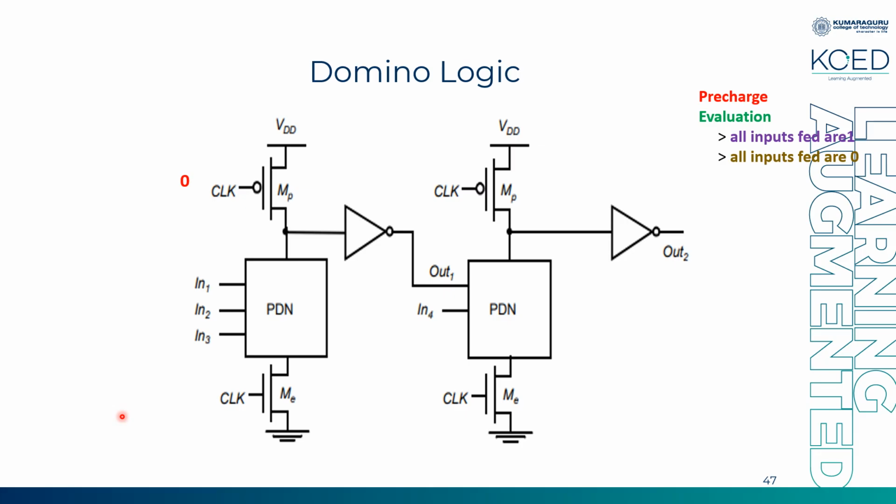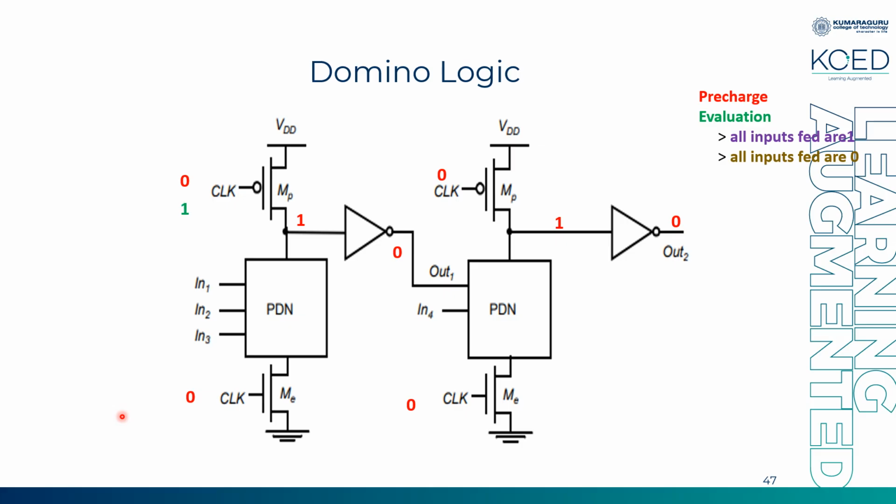First pre-charge வந்து your clock will be 0. Okay, and your output obviously will be 1, charged to VDD. Okay, and output of inverter will be 0. Again, in case of second stage, clock 0, output 1, output of inverter is 0.